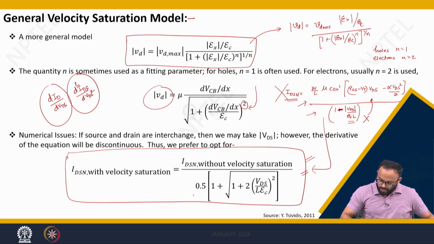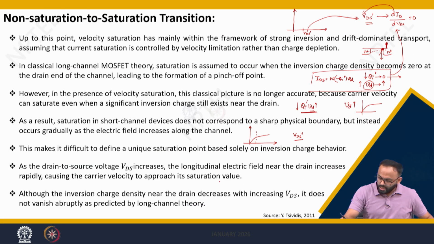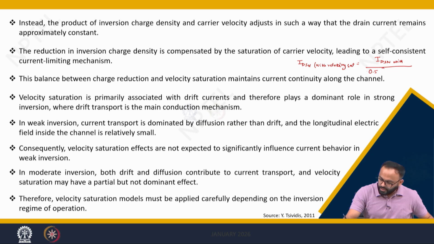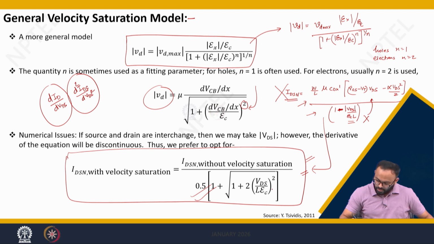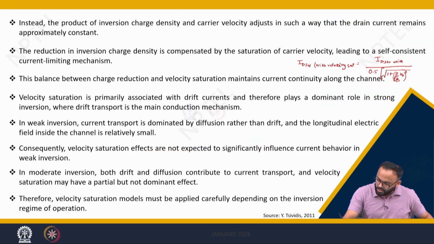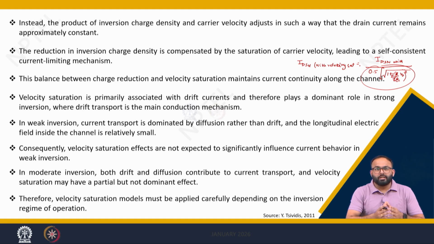So ultimately you are using 0.5 into square root of 1 plus 2 divided by L into EC into Vd square, that is, VDS divided by LC square, sorry, so 2 is out. If you use this model, you are incorporating this in your modeling approach, but make sure that this model should not affect the weak inversion current transport, or the weak inversion modeling.